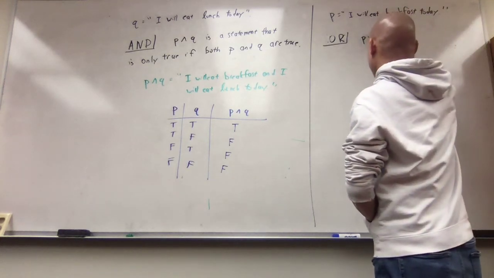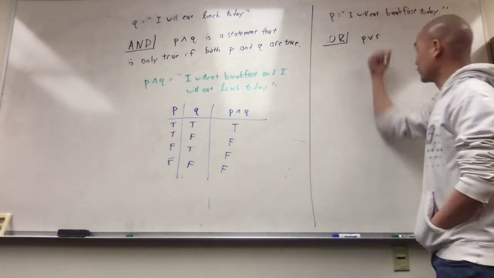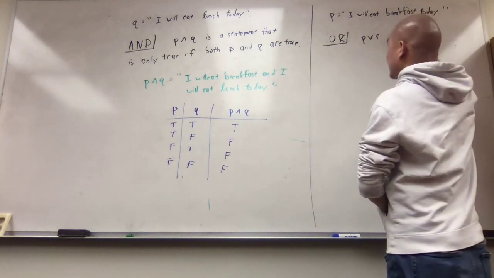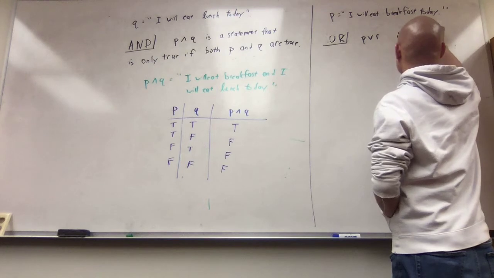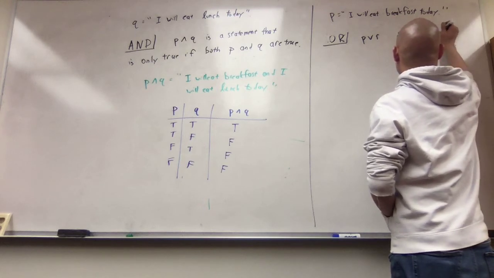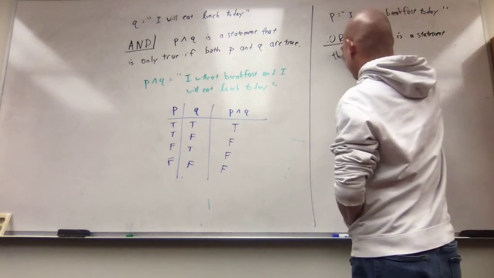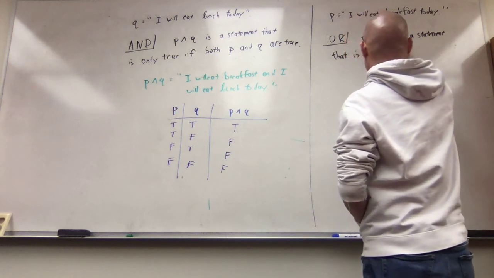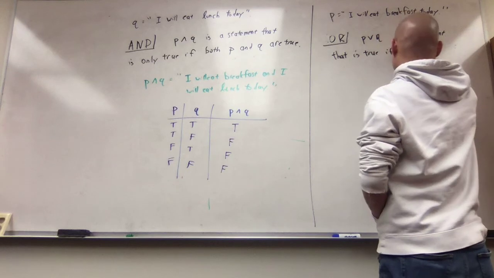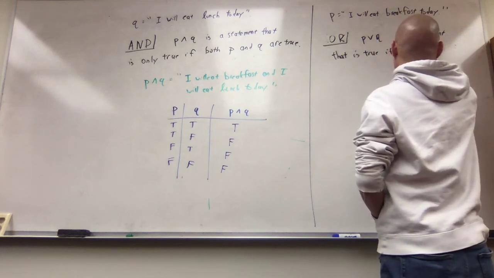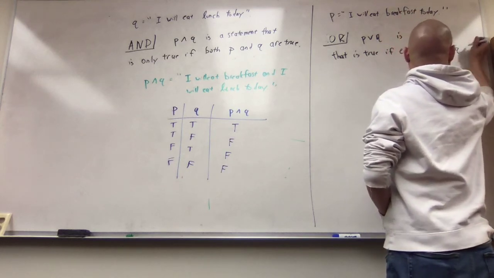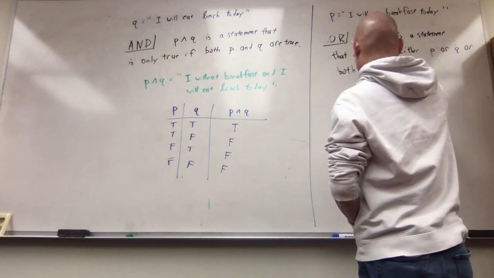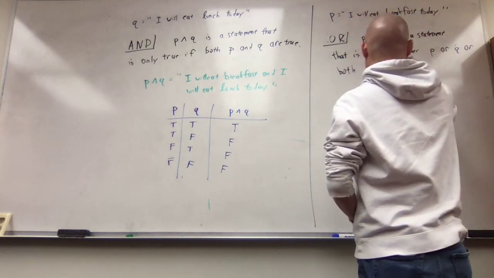We write P or Q with this V-like wedge here, and then we say P or Q is a statement that is true if either P or Q or both are true.